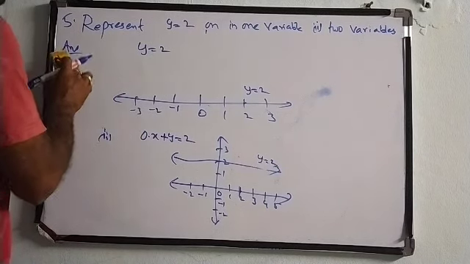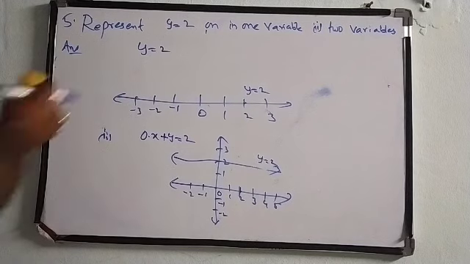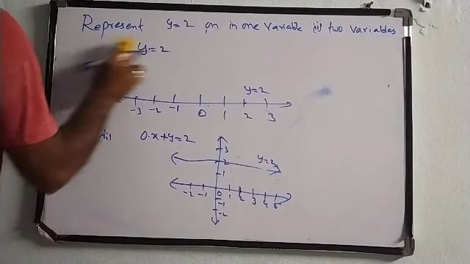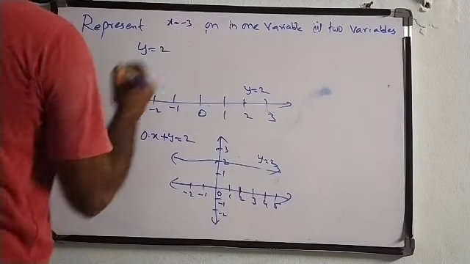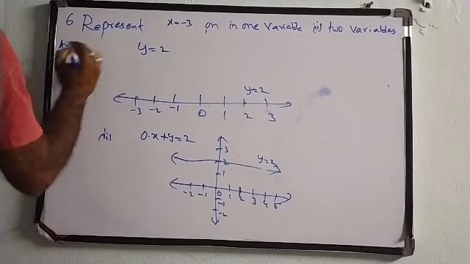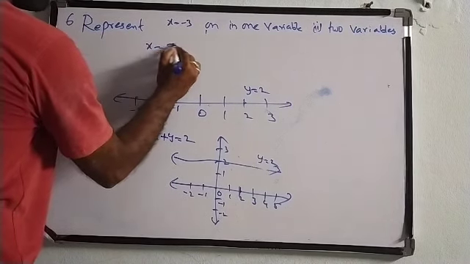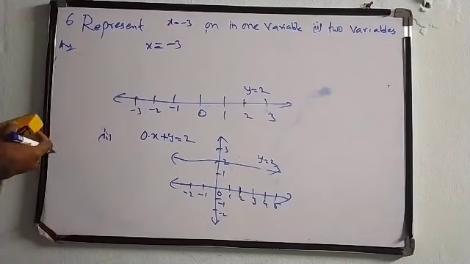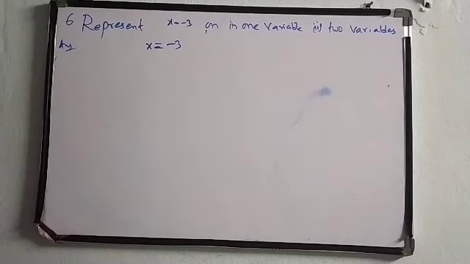Next, let us take another question. Represent x = -3 on the number line in one variable as well as two variables. If I take x = -3, on the number line as well as on the Cartesian plane.